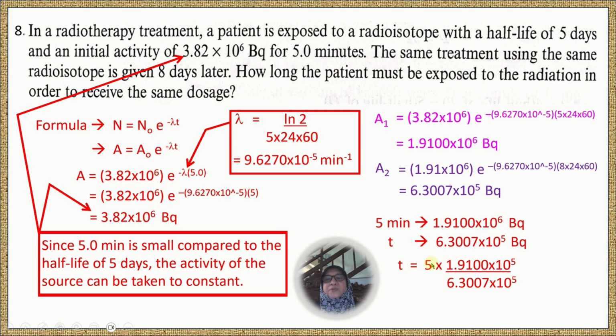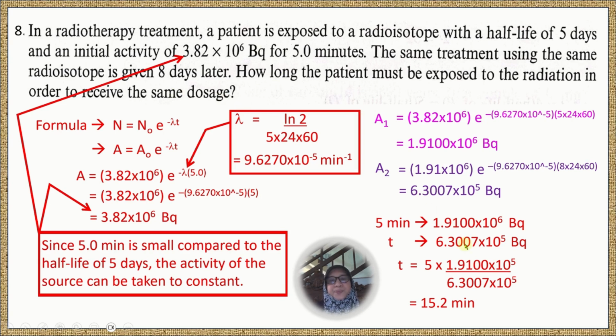So T equals 5 times 1.9100 times 10 to the 5 over 6.3007 times 10 to the 5. So we get the time taken 15.2 minutes. So that's the answer. If you don't use the inverse ratio, you will get a shorter time, which is not possible. So you should take the inverse ratio. It is logical for the time taken to be longer for the exposure here.